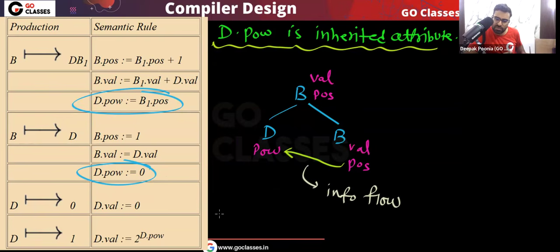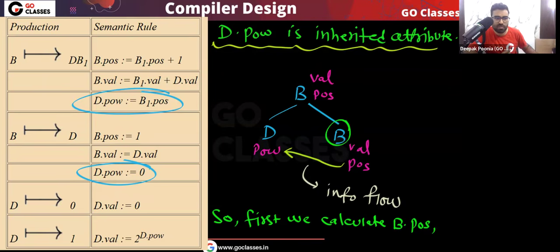So first we calculate B dot POS for this B. Let me use B1 here so that there is no confusion. First we calculate B dot POS for the right sibling. Yes or no? B dot POS of sibling.